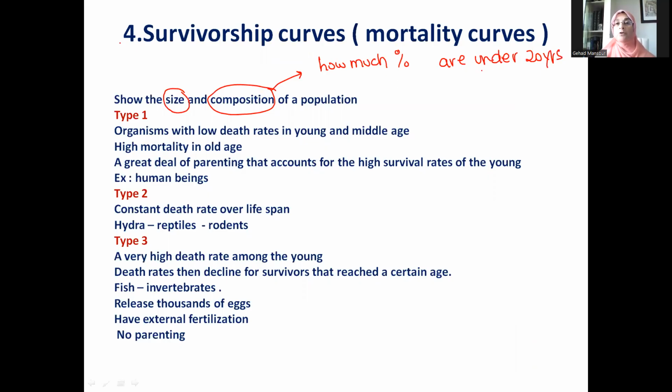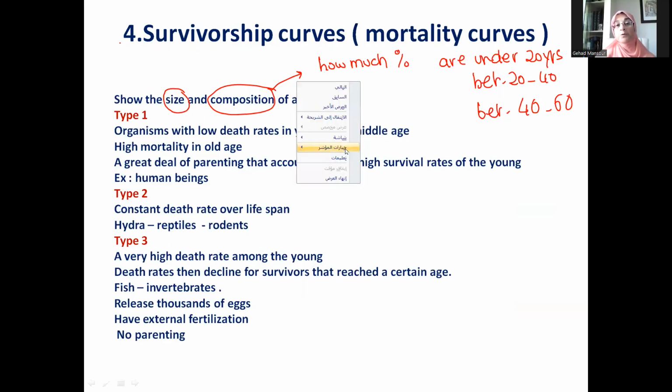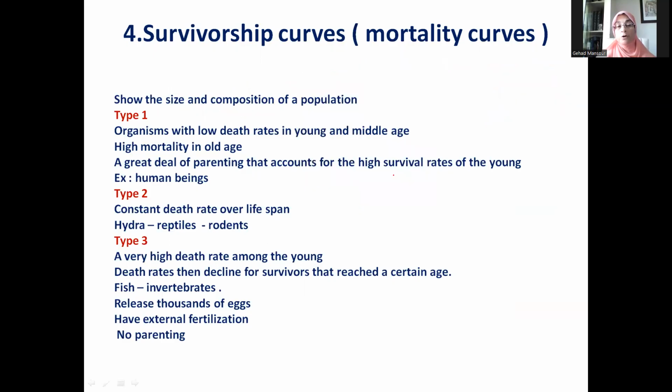How much percent of the population are between 20 and 40? How much are between 40 and 60, and so on, because you will see that this will differ from one type of survivorship curve to another, from one type of community to another. So they show both the size and composition of the population.